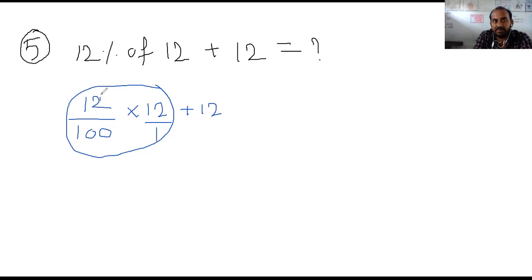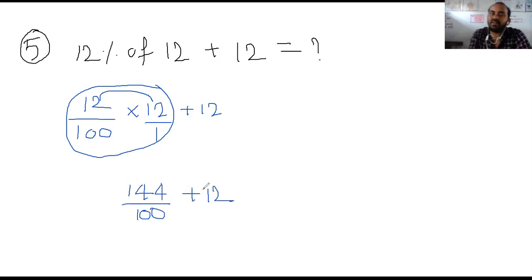Then we can multiply numerator into numerator. The 12 square value is 144. 12 square, 12 12s are 144 by 100 plus 12. And don't cancel it. When the denominators are all zeros, don't cancel it.